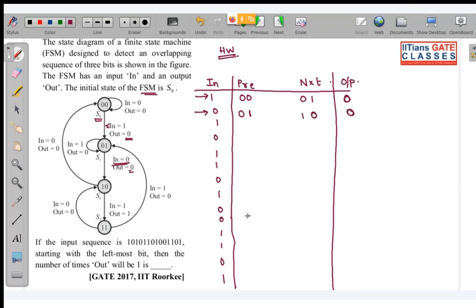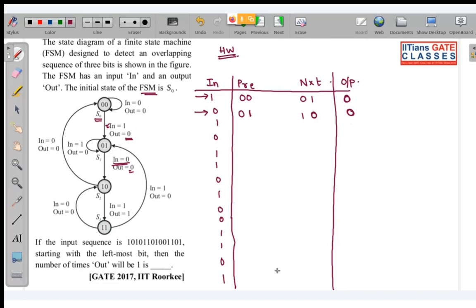Like this you fill the table and see how many times you get output 1. This is the long way of solving, and in the next class I will show you how to look at a sequence detector and solve it directly, even without solving so much.